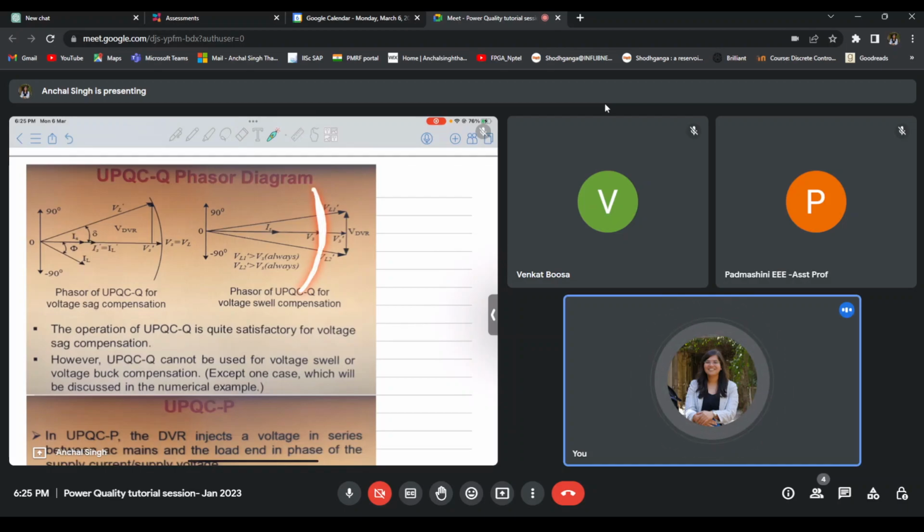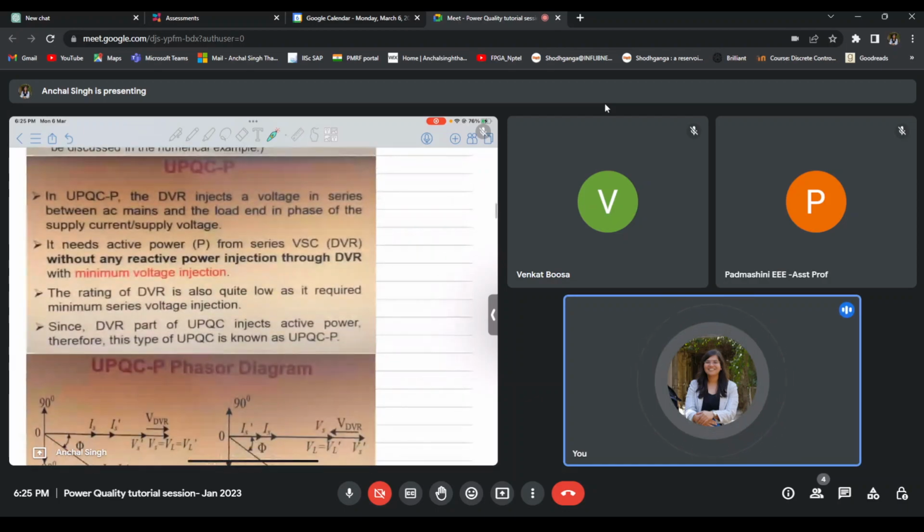I'm not able to do that because it is a UPQC-Q type of UPQC where voltage can be added only in quadrature. Because of that, we say that UPQC-Q cannot be used for voltage swell compensation. It can only be used for voltage sag compensation.